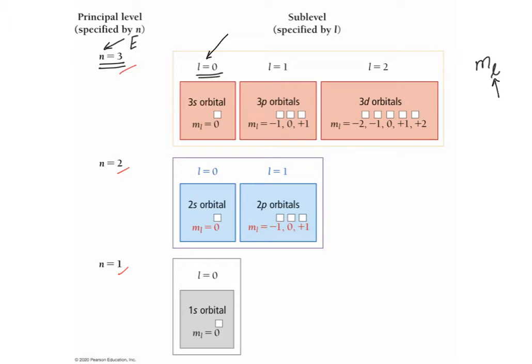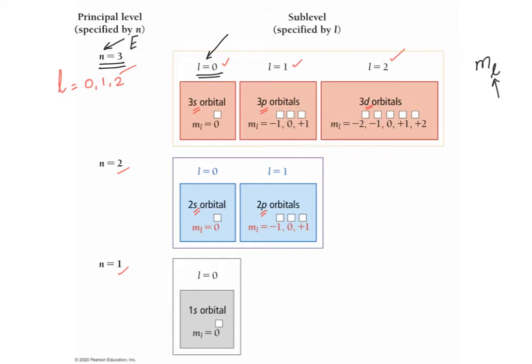If n is 3, l has 0, 1, and 2 values, and that's what these are. l=0 is known as s orbital, l=1 p orbital, l=2 d orbital. Again, l=0 s orbital, l=1 p orbital.